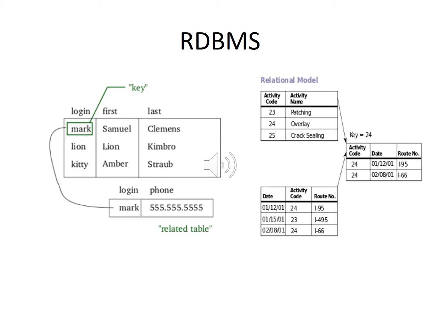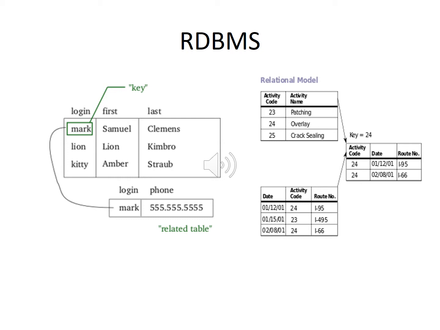In the second table, we decided to store phones separately. I'm not quite sure why we'd want to do that, but again, this is a demonstration. And the reason I'm not sure is because phones are unique by themselves. In other words, two people cannot have the same phone.